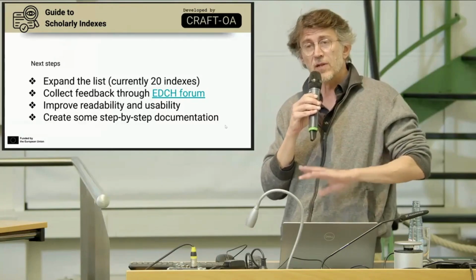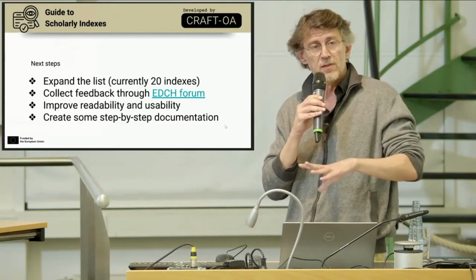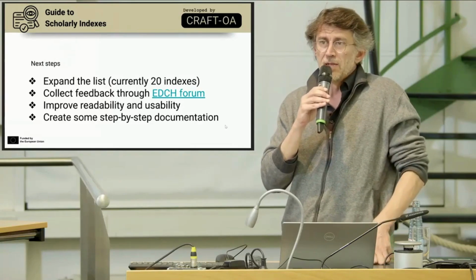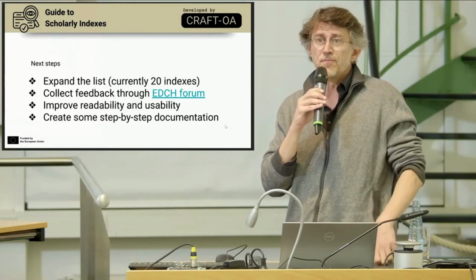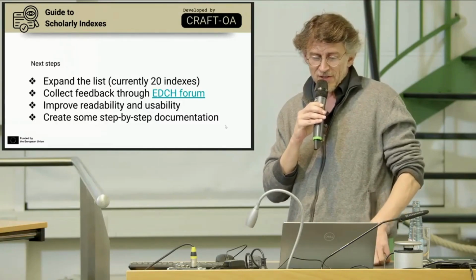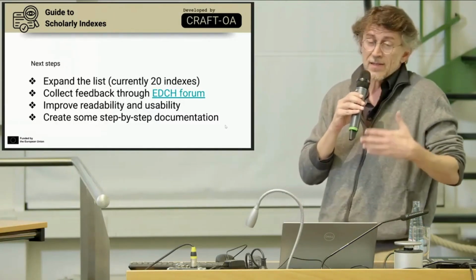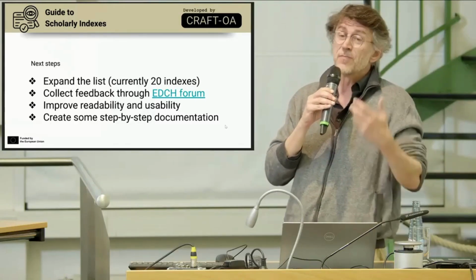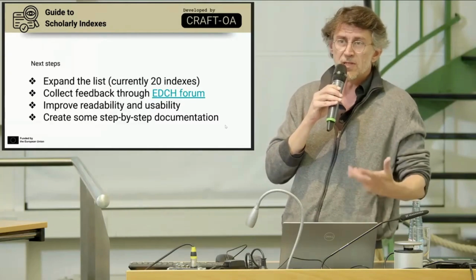Like I said, currently we have two outputs. One is a spreadsheet, the other is a GitHub repository. It's maybe not the most user-friendly format for everyone. In that regard, we want, at least for some indexes, the most important ones, especially those where documentation is lacking, to provide step-by-step documentation.